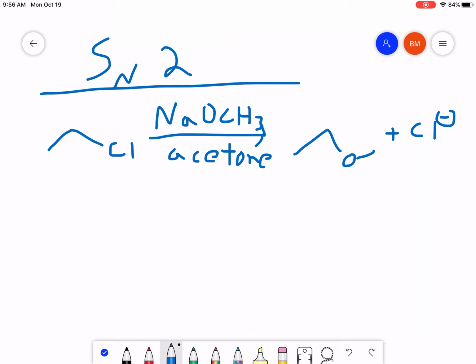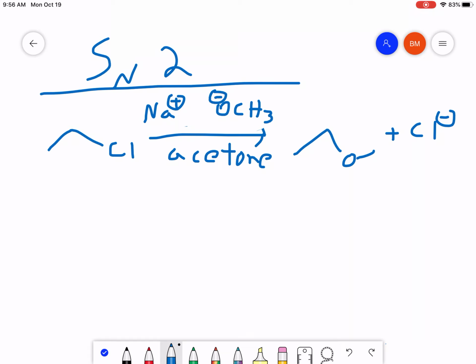Now, if you remember Gen Chem, what happens to sodium salts and potassium salts whenever you put them in a solvent? They dissociate, right? They always completely dissociate. So when we put the sodium methoxide in solution, it dissociates and forms Na plus and OCH3 minus, right? It dissociates into the ions.